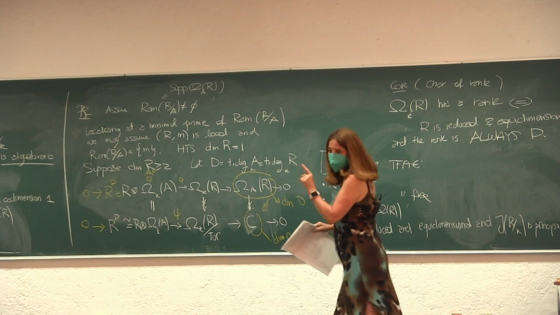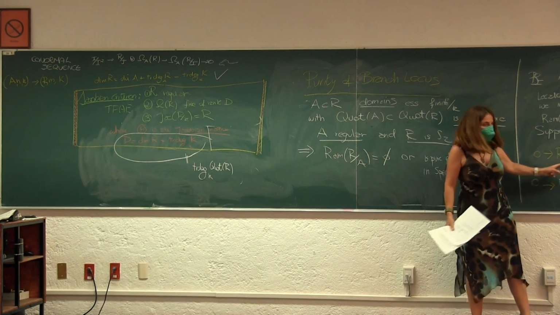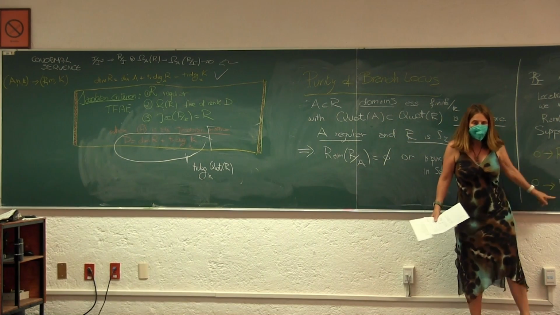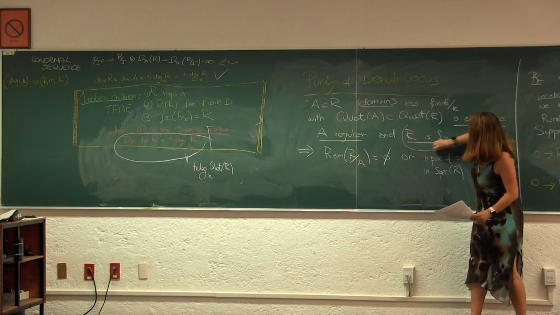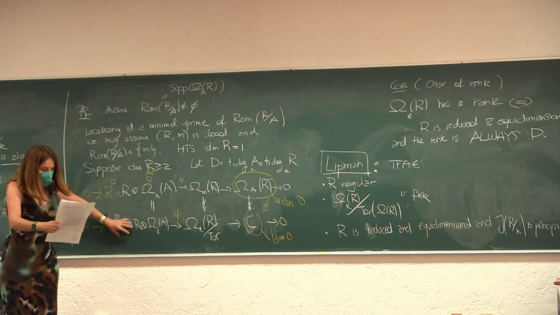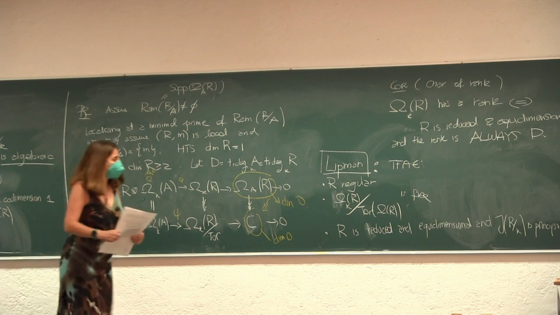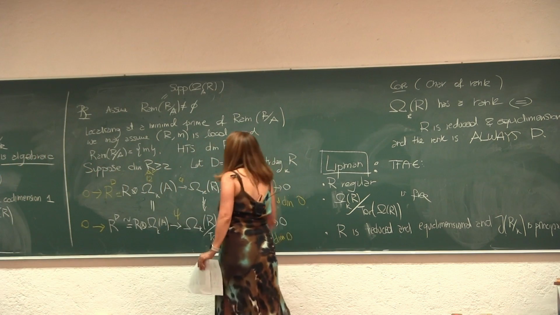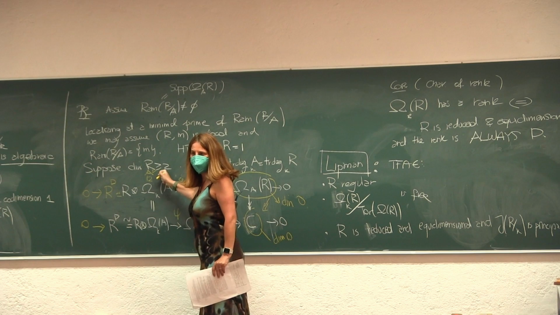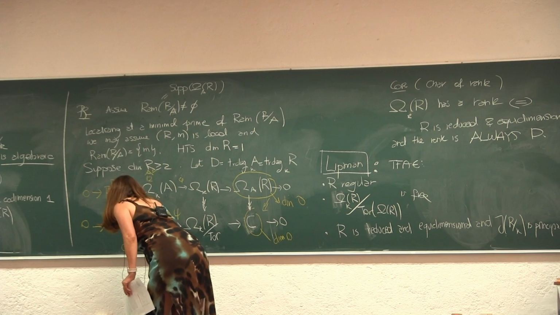That's where our assumption of S2 comes in. Regularity we already used. We used it fundamentally here. Okay? Now we're going to use the S2 condition. So the S2 condition tells us about the depth of these guys. Because this is R to the D. So it tells us, since the dimension of the ring is at least 2 by assumption, that this guy has depth at least 2.